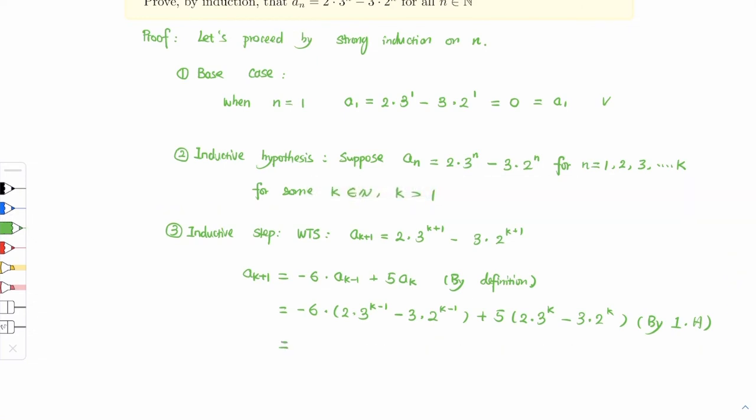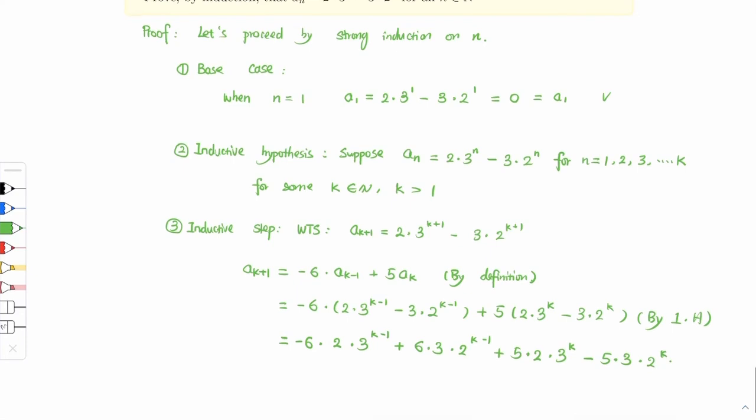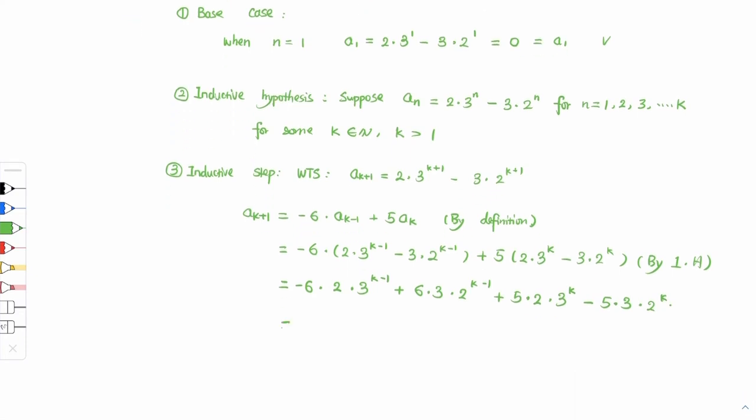This will give us negative 6 times 2 times 3 to the k minus 1, plus 6 times 3 times 2 to the k minus 1, plus 5 times 2 times 3 to the k, minus 5 times 3 times 2 to the k. Basically, I just opened the brackets, but I want to collect the like terms.